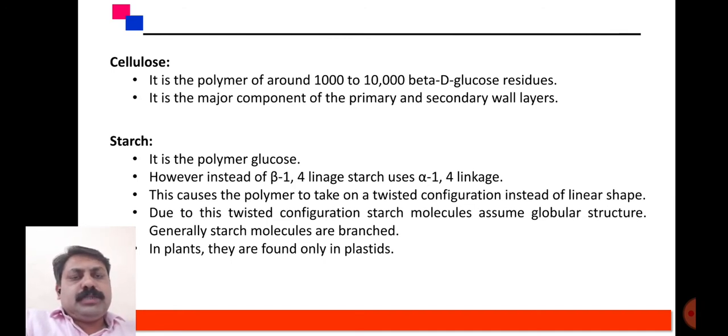In this there is one difference: instead of beta 1,4 linkages, here the linkage is alpha 1,4, and because of this it forms a twisted configuration. So in the starch structure we find twisted molecules, and these molecules are generally branched.